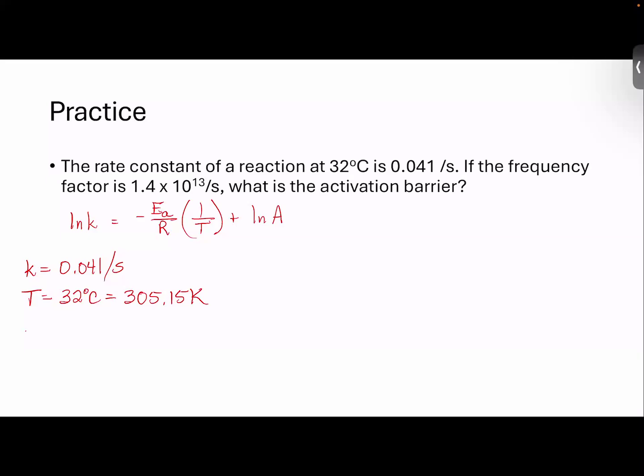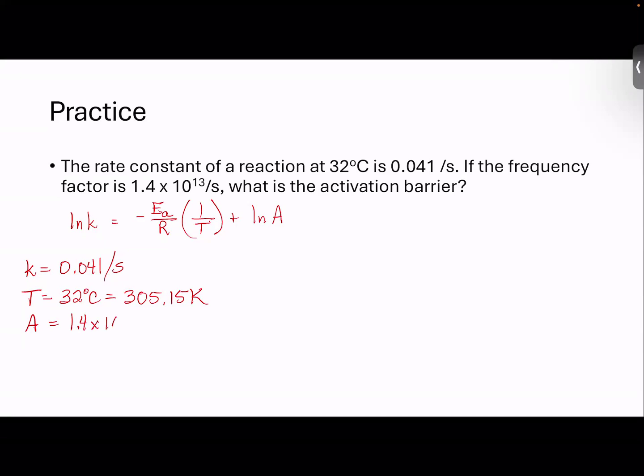We know that the frequency factor A is 1.4 times 10 to the 13 per second. And in this equation, we know that R is a constant. It is 8.314 joules per mole Kelvin.